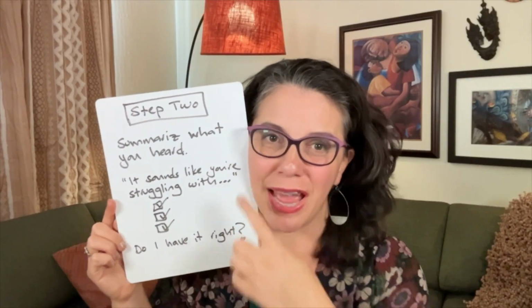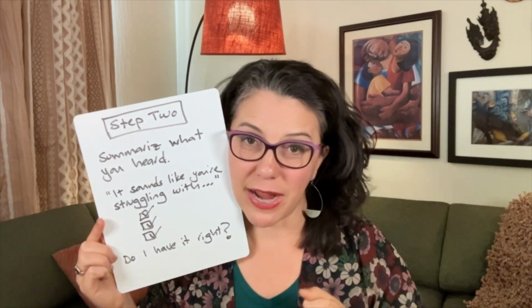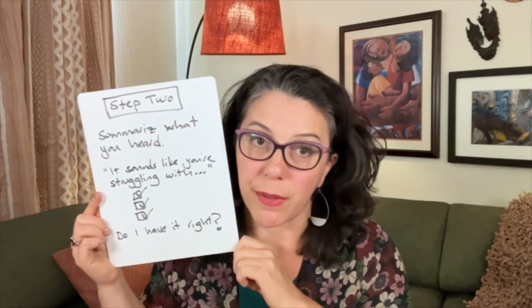Step 2, after you've listened to the student, is to summarize, add an E please, what you heard to them. And you might say, it sounds like you're struggling with blank, blank, and blank. Summarize, right? You don't need to say everything back to them, but you've been listening for these things, and so you might share it with them.